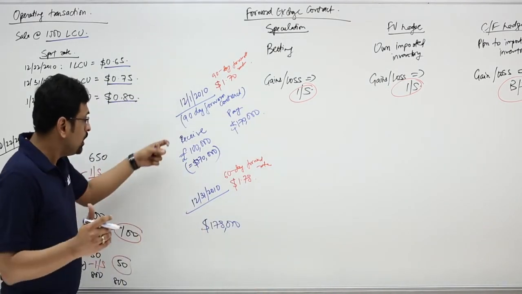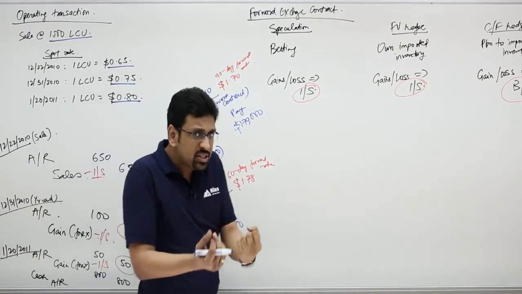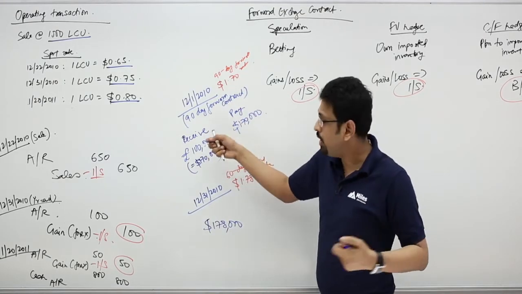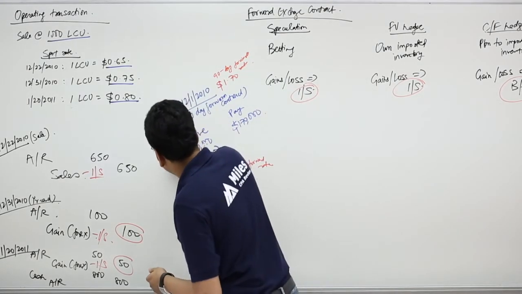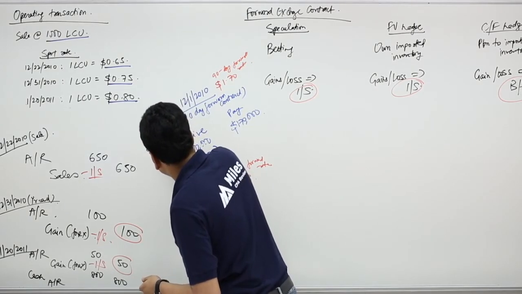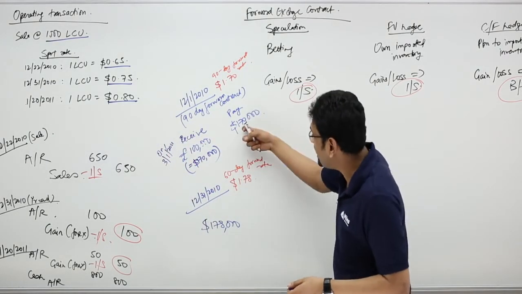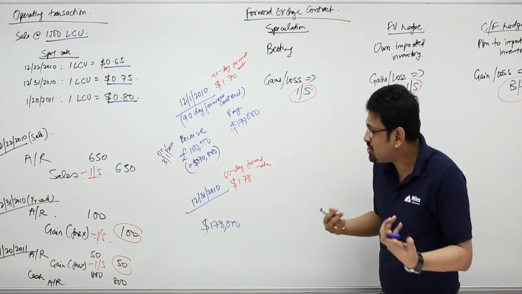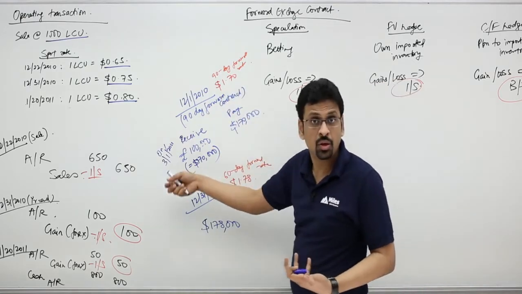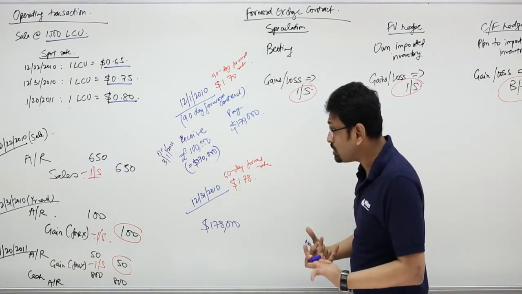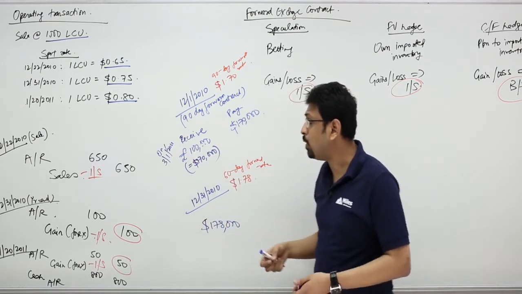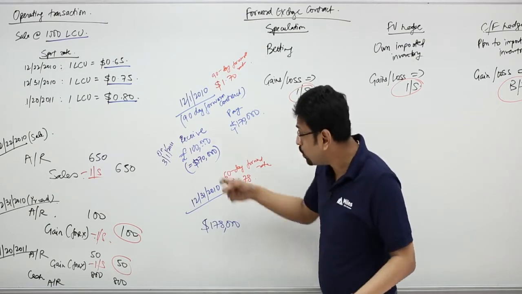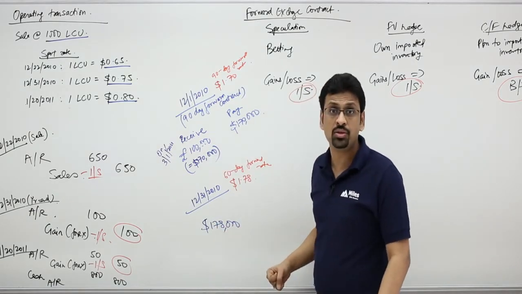Once again, as per the contract, they're going to be receiving 100,000 British pounds 90 days later on 1st March, and they're going to be paying $170,000 for these 100,000 pounds. Now the exchange rates have changed in 30 days. Now the forward rate looks like these 100,000 pounds which they're going to receive on 1st March are going to be worth $178,000.